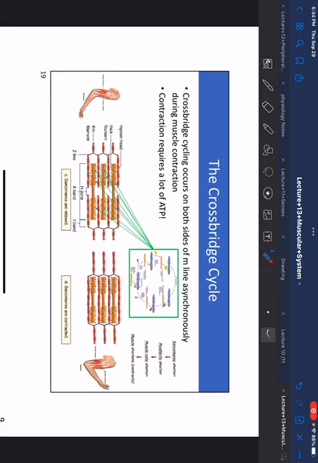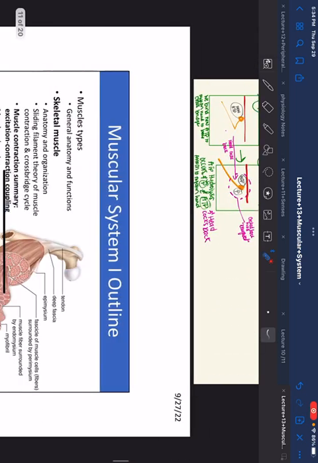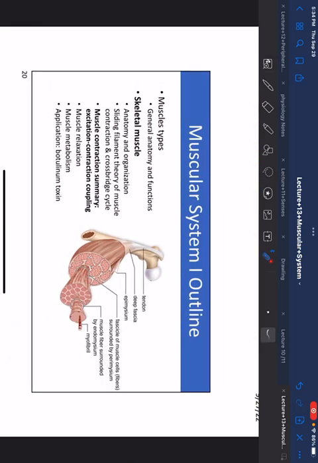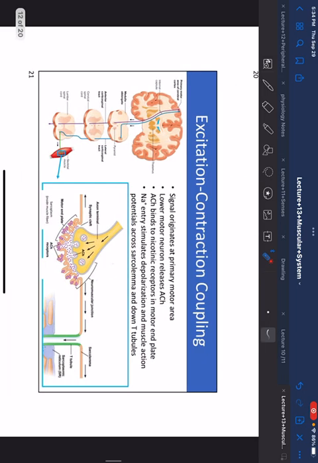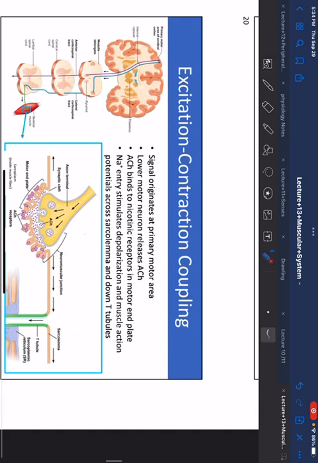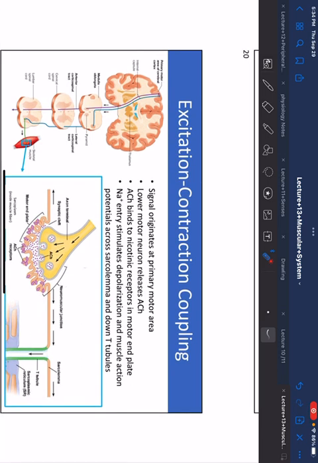Okay, so this next section of the lecture will summarize muscle contraction from the top. And when we say from the top, it means from the brain. It's referred to as excitation contraction coupling, where we're having changes in electrical charges from neurons leading to the contraction of the muscle.